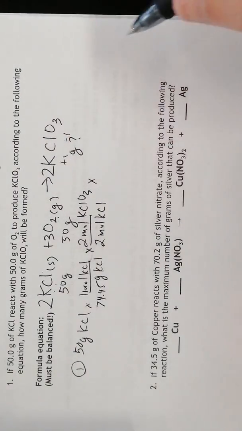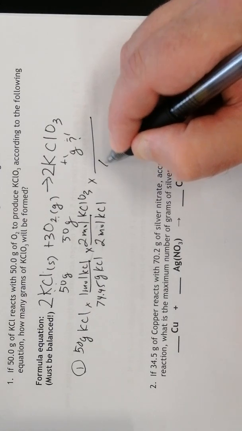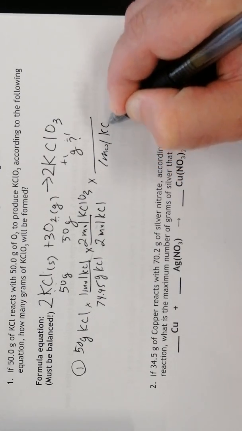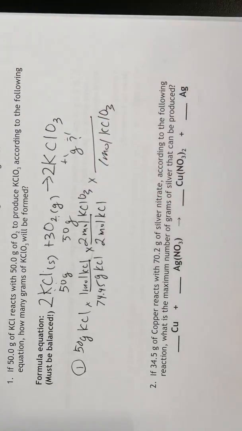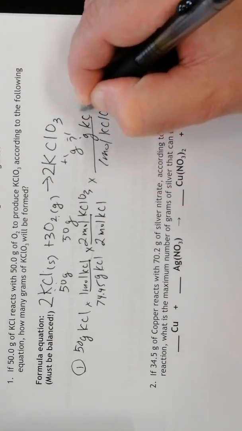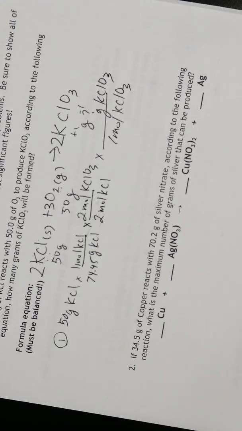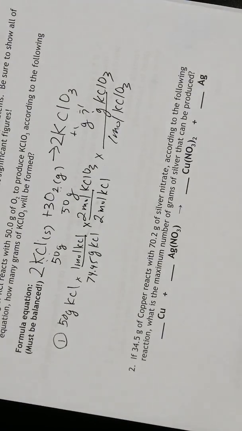Okay? All right, so now I'm going to put 1 mole potassium chlorate, and I need the mass of potassium chlorate. Potassium 39 plus chlorine 35.45 plus 3 oxygens at 16 is 48.